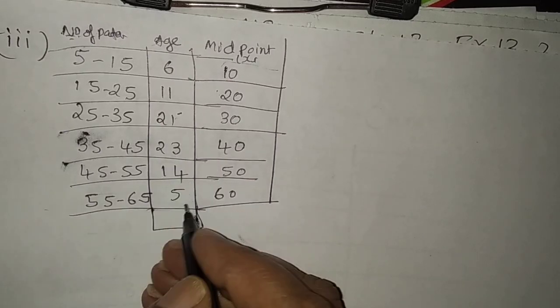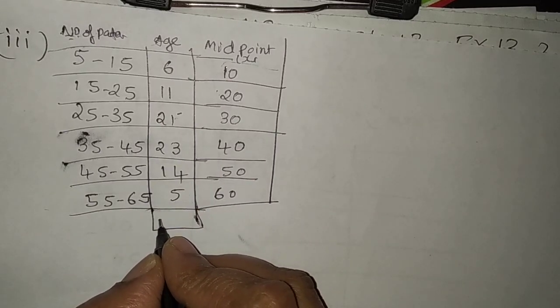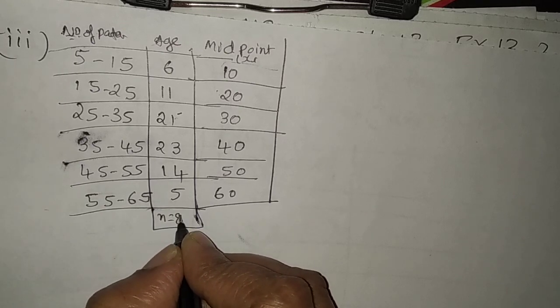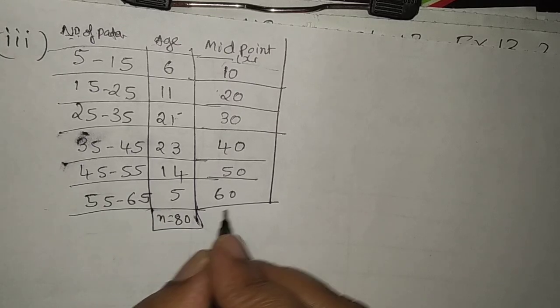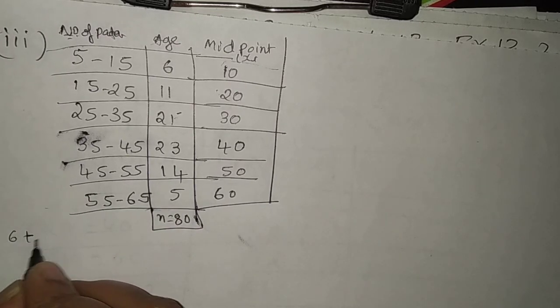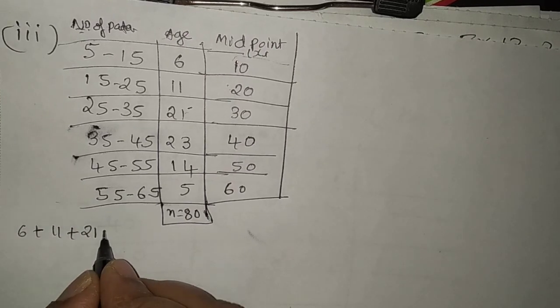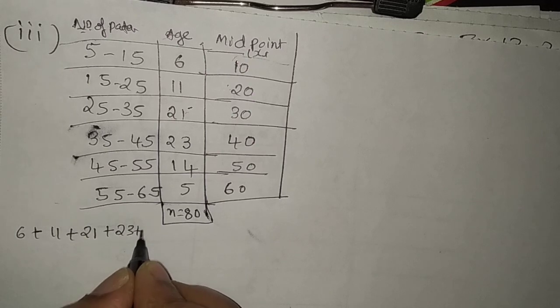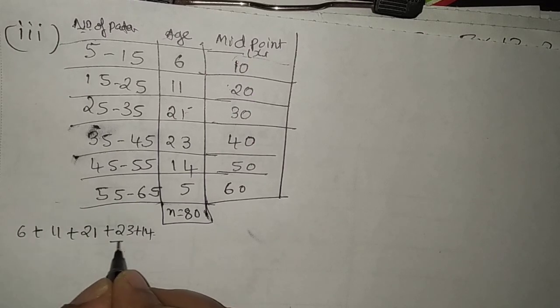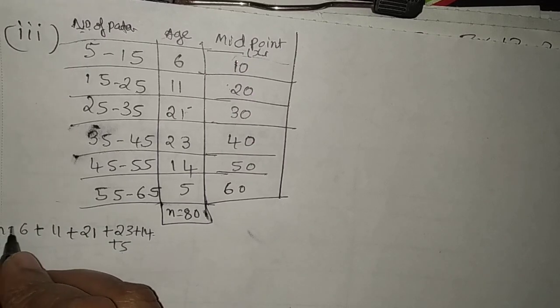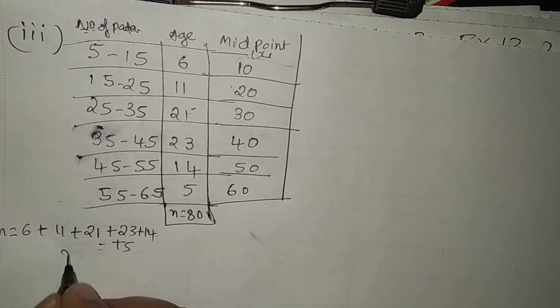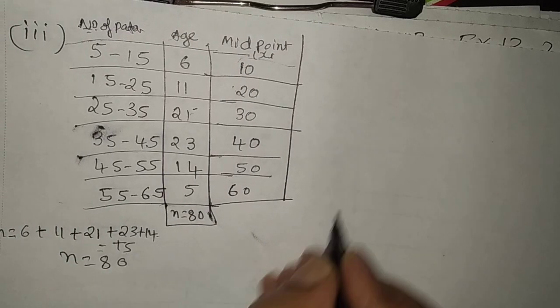So adding all these, we'll get n is equal to 80. So 6 plus 11 plus 21 plus 23 plus 14 plus 5, n is equal to 80.